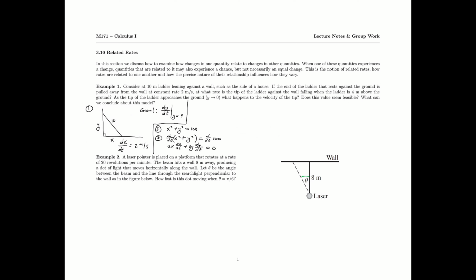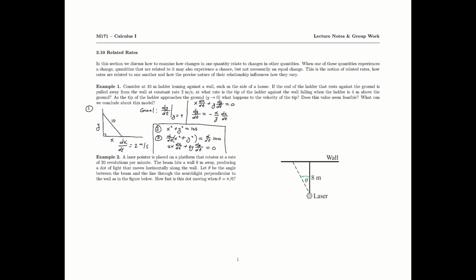Once we have that, we can simplify it a little bit by dividing everything by 2. So if we divide each piece by 2, we should have x dx/dt plus y dy/dt equals 0. Now, since we are ultimately interested in dy/dt, we could also just immediately solve for dy/dt. So let's do that. So dy/dt is equal to negative x over y times dx/dt.